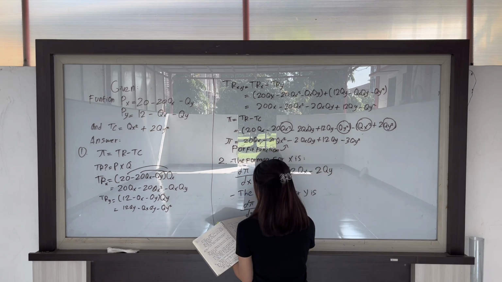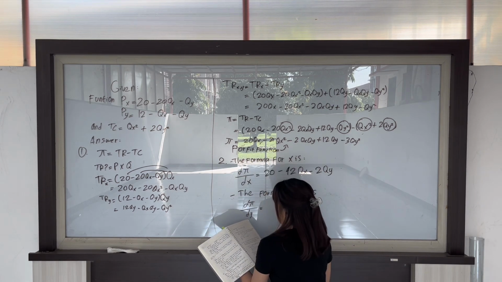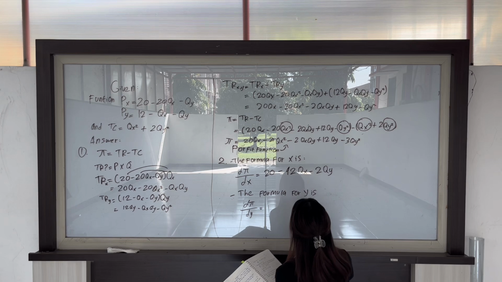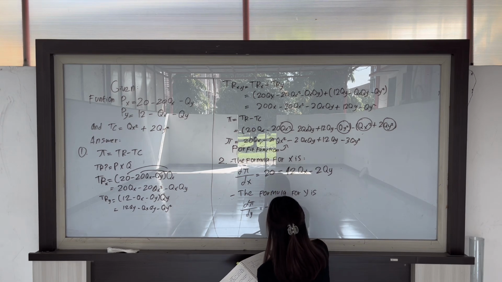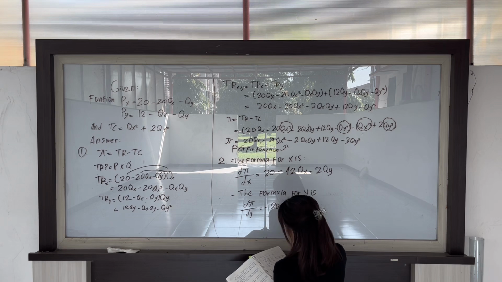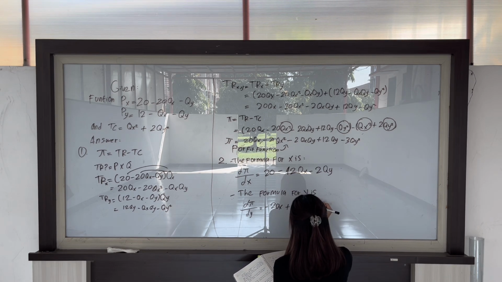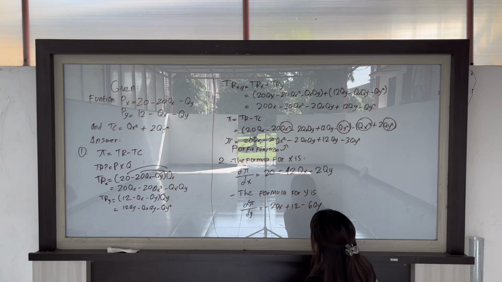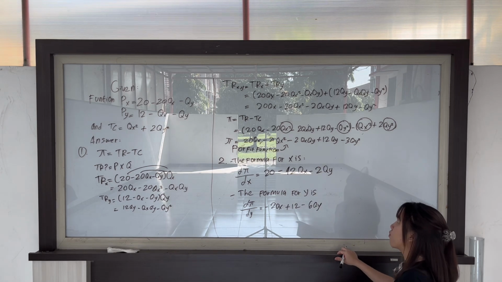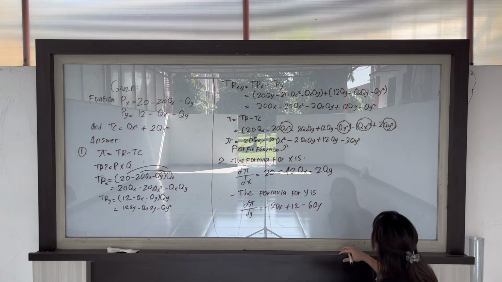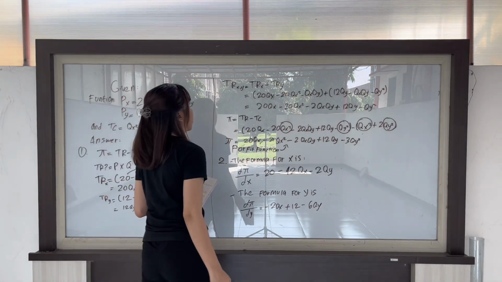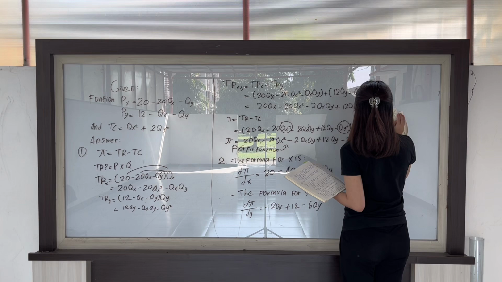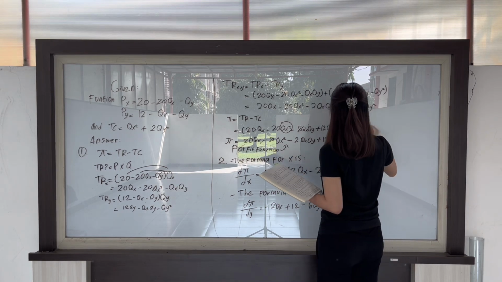Looking at the function, the result is minus 2Qx plus 12 minus 6Qy. So we find the first derivatives for the x and y functions. Further, we move to step 3.